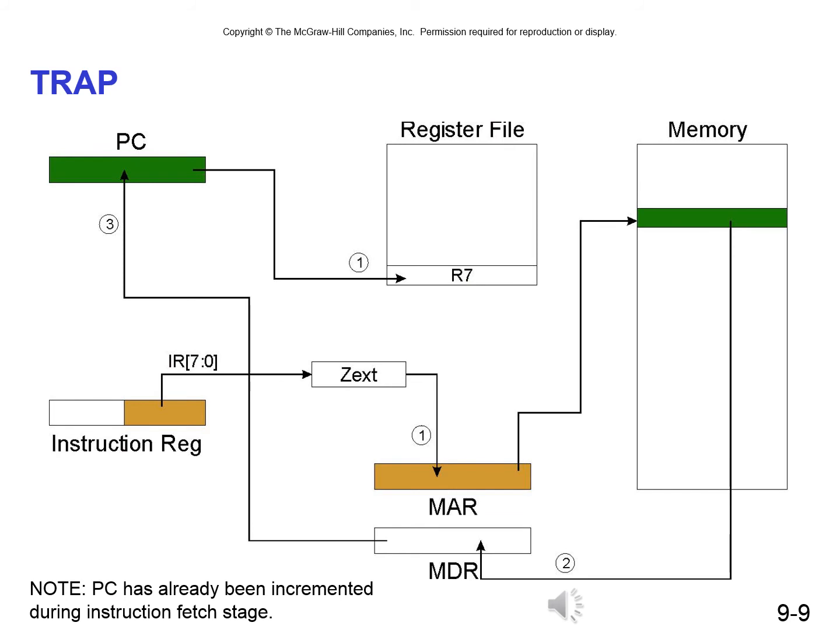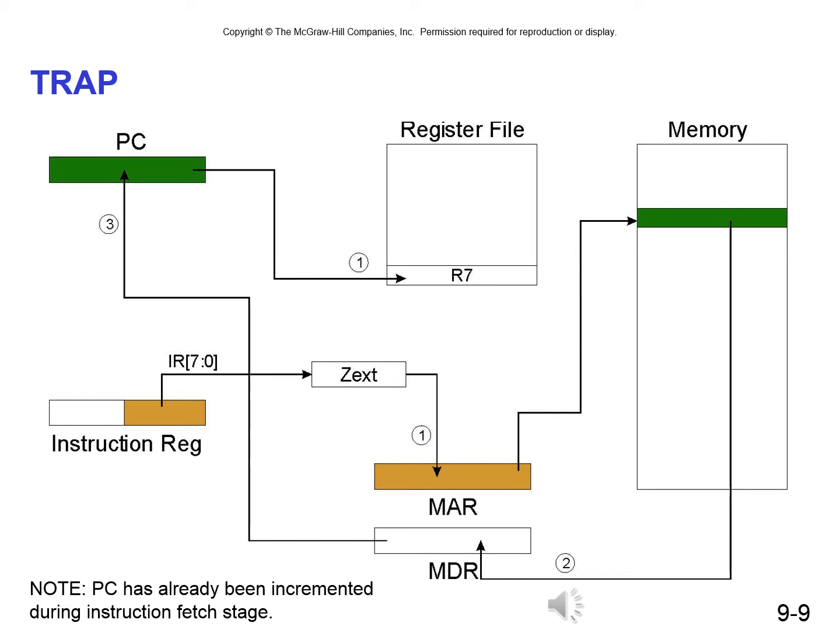Here we have the micro instruction diagram, which shows the current program counter gets stored in R7, and then we take a 0 extended bits 0 through 7 get 0 extended in the instruction register and fed to the memory address register, which then accesses that memory, and the value stored at that memory.